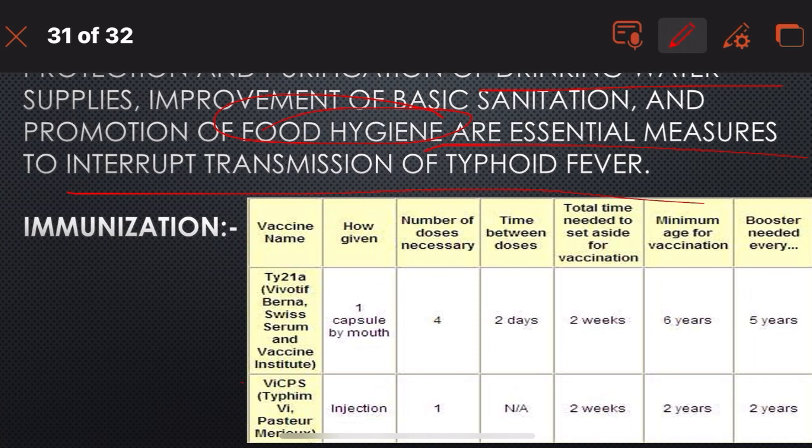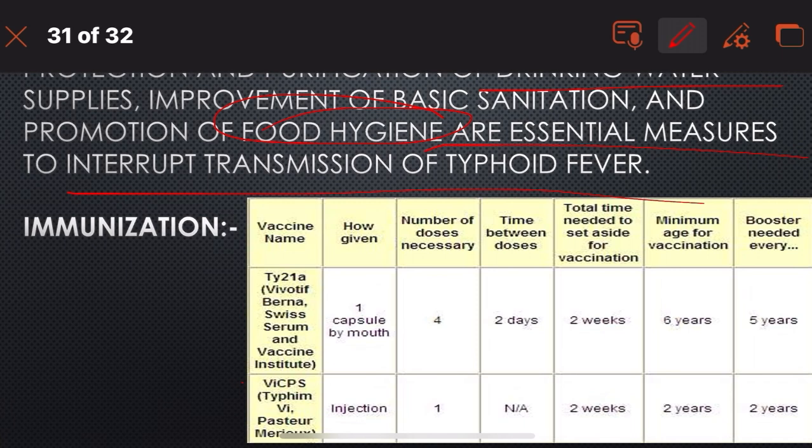A booster dose, minimum age for vaccination is 2 years. A booster dose of 0.5 ml IM every 2 years under conditions of repeated or continuous exposure to the S. typhi organism is recommended. So the booster dose is given every 2 years if the patient is under conditions of repeated or continuous exposure to S. typhi.